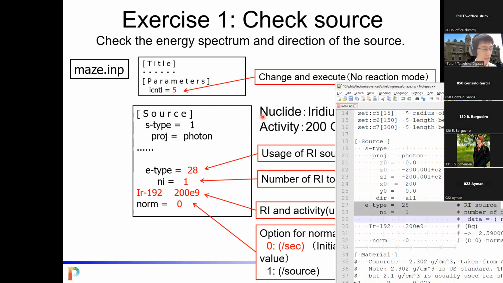And actually, the iridium-192 200 gigabecquerel source is already defined in this way. s-type equals 28 means RI source definition, and it means to use 1 RI, and the RI is iridium-192 200 gigabecquerel, and normalization is per second. So everything must be fine. Let's run.